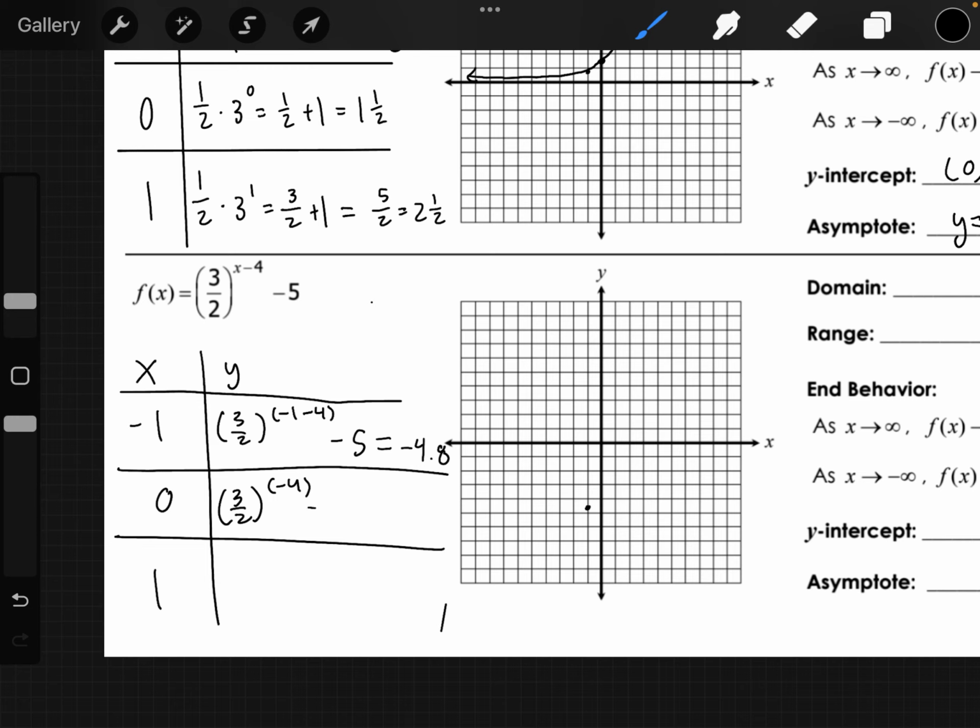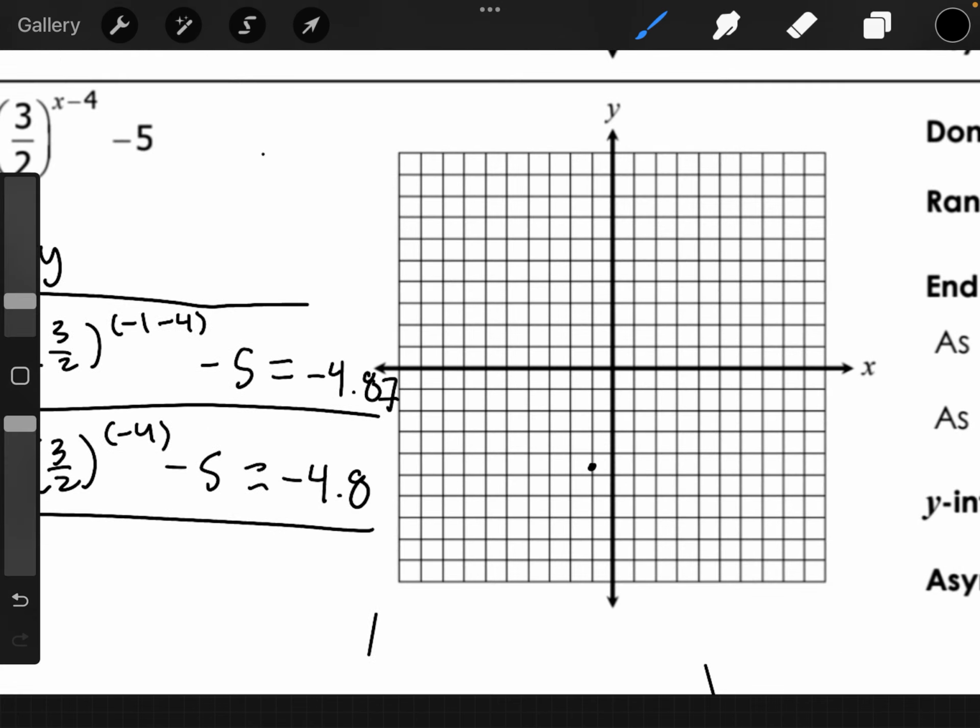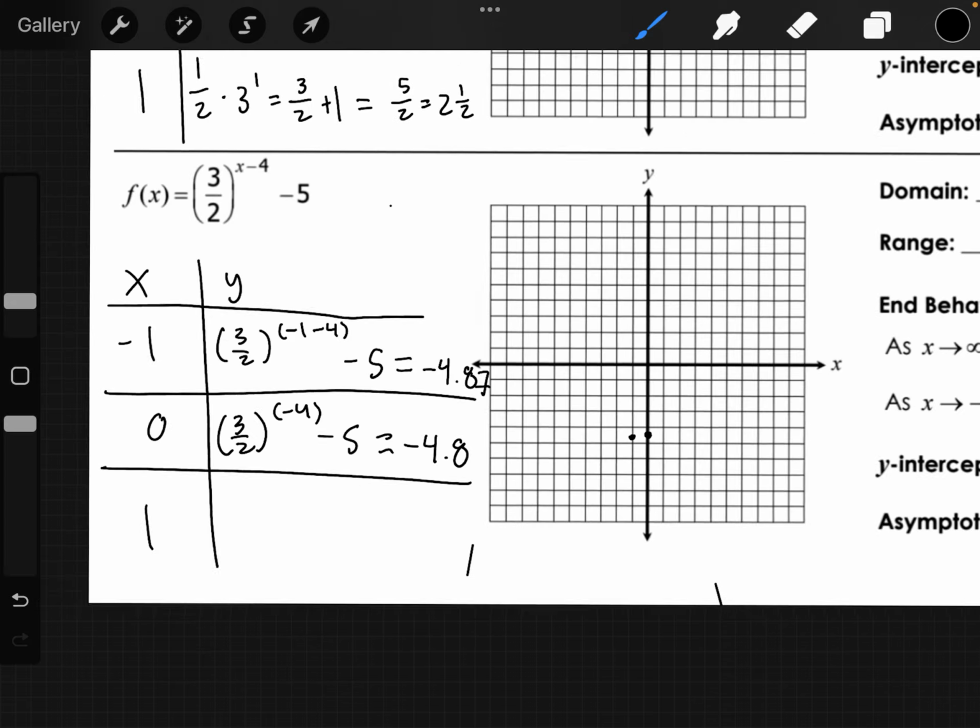When x equals 0, we have 3 over 2 to the power of negative 4 minus 5. This equals negative 4.8.